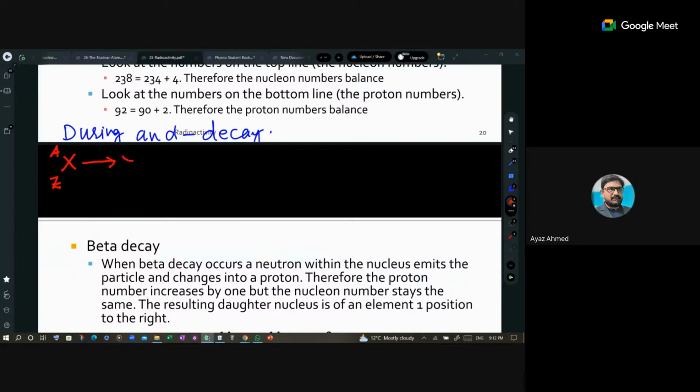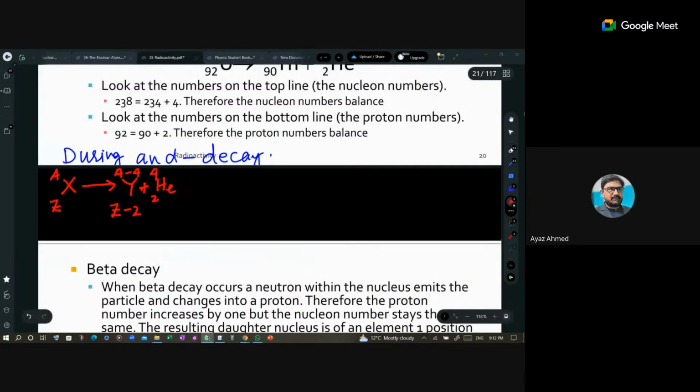And it is converted to a daughter nucleus Y. Its Z is decreased by 2 and A is decreased by 4. Please remember this, that along with it we have an alpha particle, 2He4, because that is a helium nucleus.